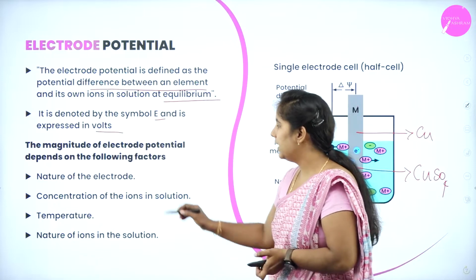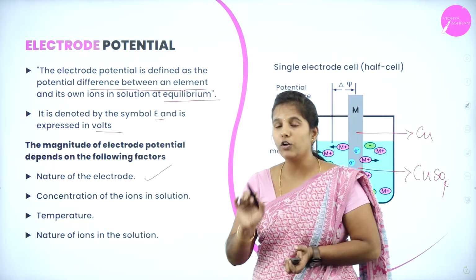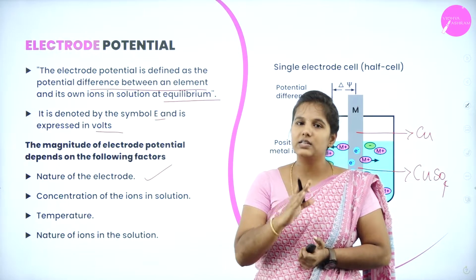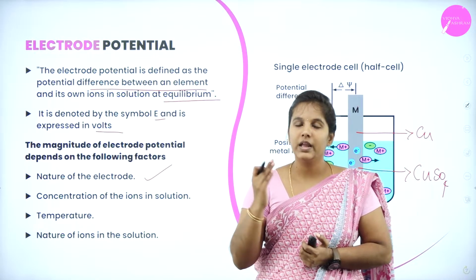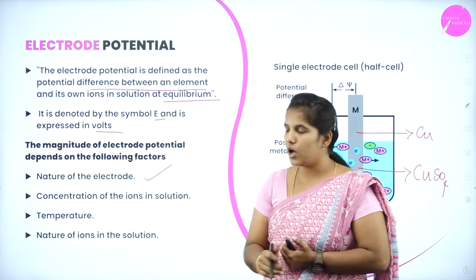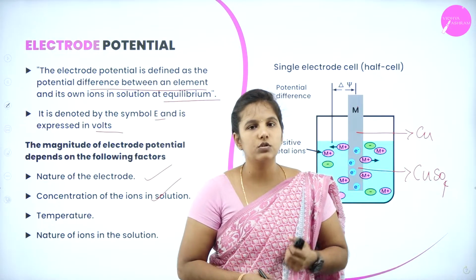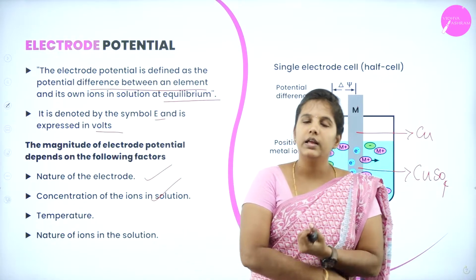So the nature of the electrode we are using to find the electrode potential is very, very important. In addition to this, we must know the concentration of the ion in the solution.